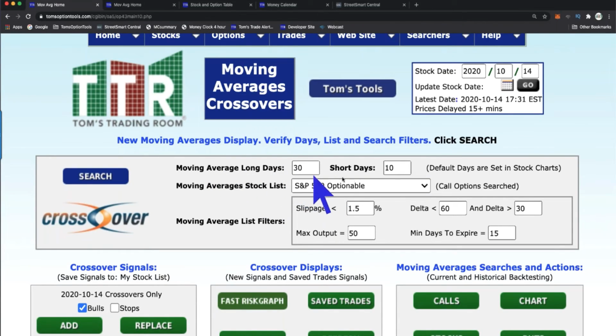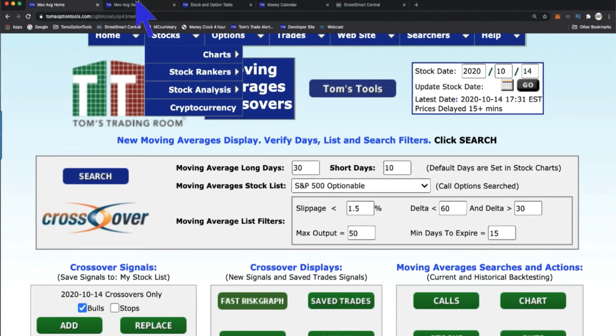The 30 is my long, the 10 is my short, and what I'm looking for is in the S&P 500. That's some of the most liquid stocks around. I'm going to run this scan and get a list of bullish opportunities just by clicking on the search button. Tonight, it's 10:14. So let's click on that search button and let me grab those opportunities.